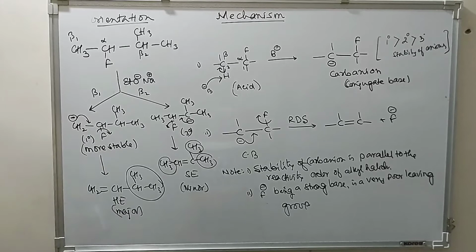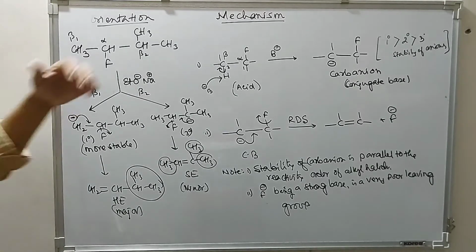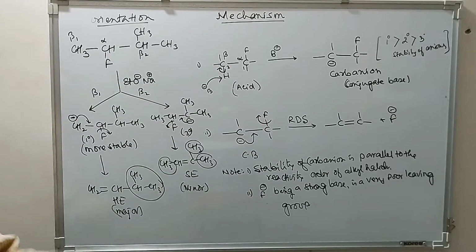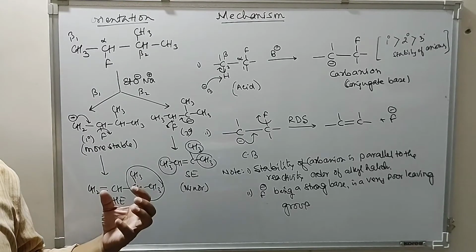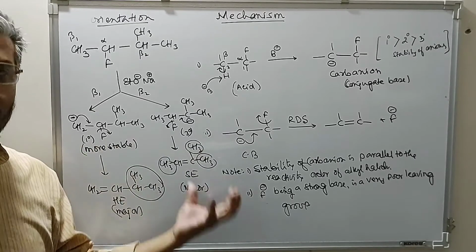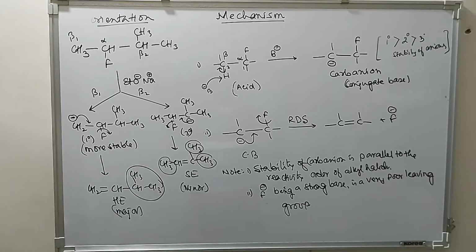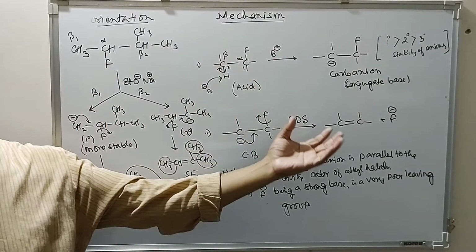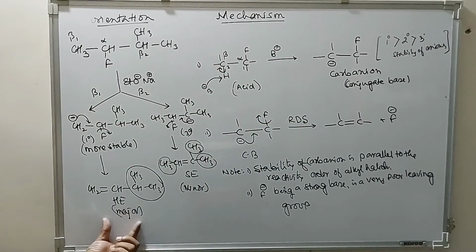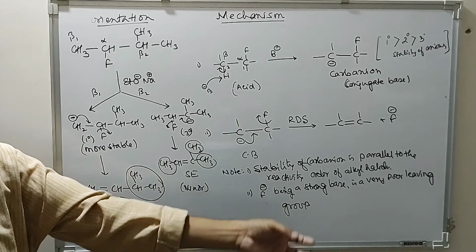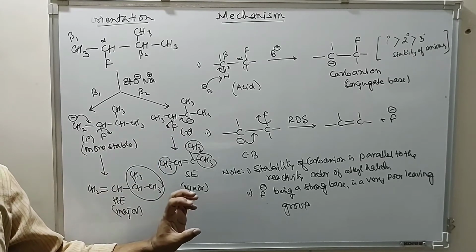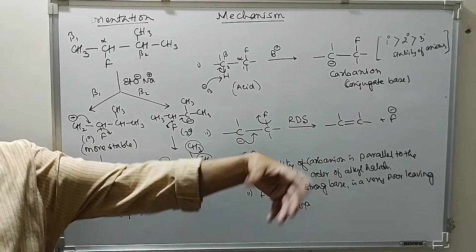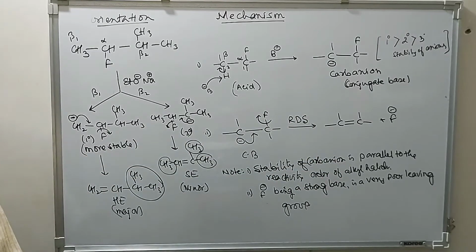So this is the orientation of E1cB. If we have more than one beta hydrogen, then the orientation will always favor Hofmann, that is, the least alkyl substituted product will form as the major product. This is specifically for alkyl fluorides.